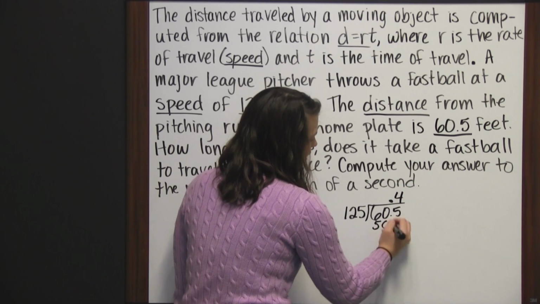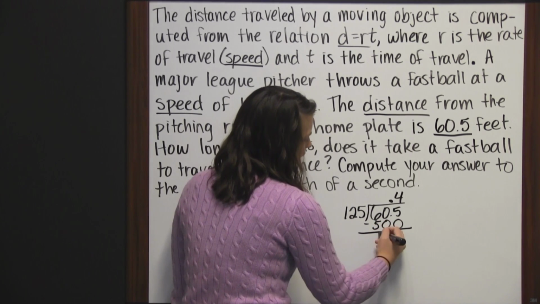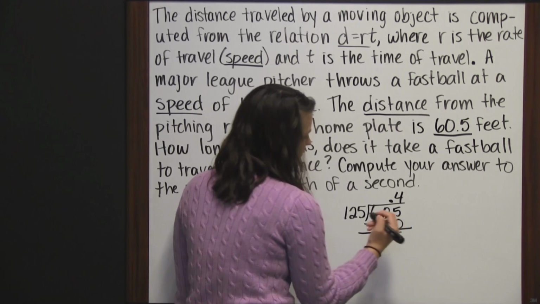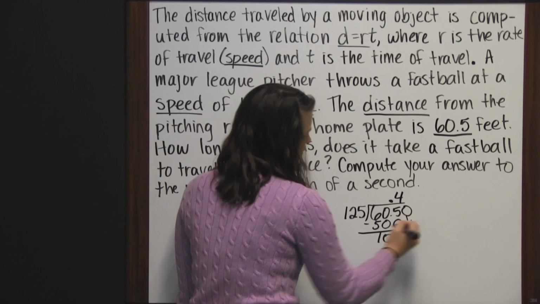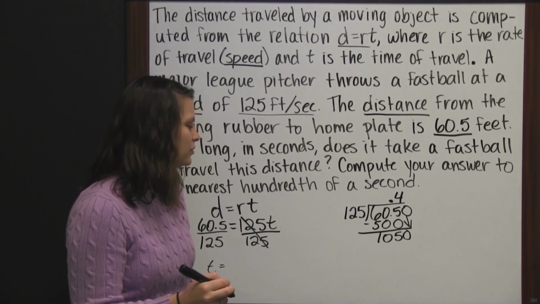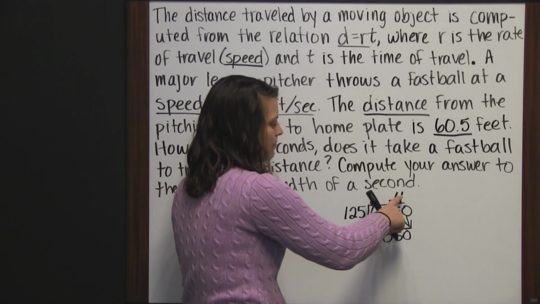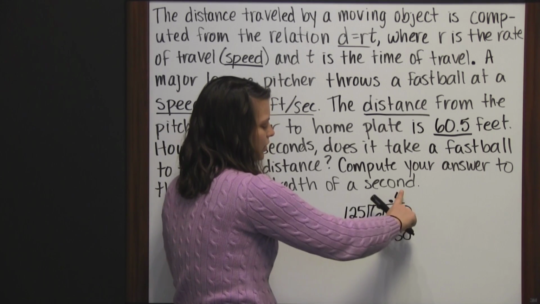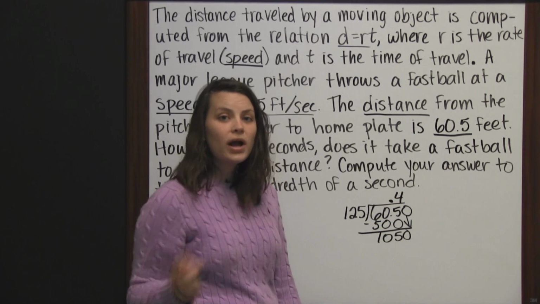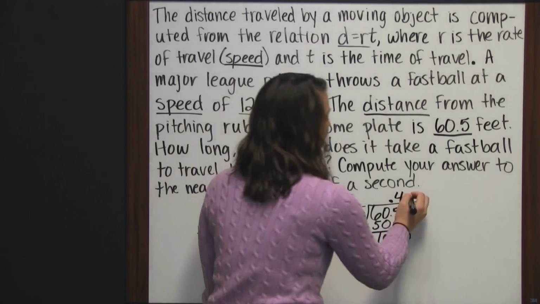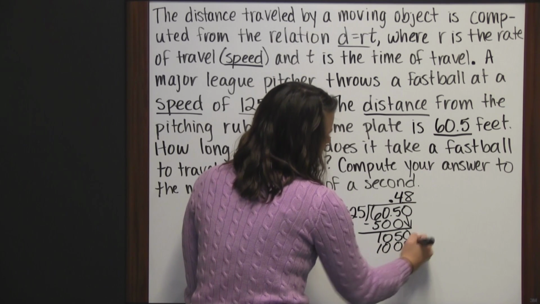And that is 500. We subtract, and we get 105. Add another 0, bring it down. We want to see how many times 125 goes into 1,050. Well, if you'll remember that 125 times 4 was 500, then it would go twice as many times as that, so 8 times. And that would give us 1,000.